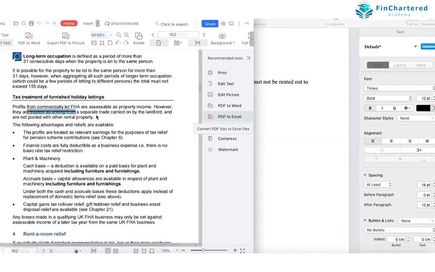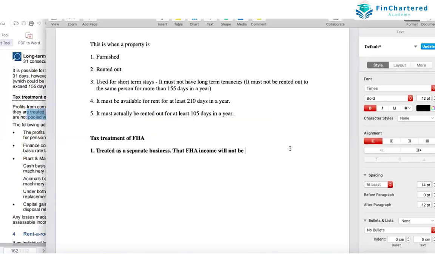They are treated as arising from a separate trade carried out by the landlord and are not pooled with other rental property. Income will not be pooled with other rental property. This has to be calculated separately. I hope the first point is clear.